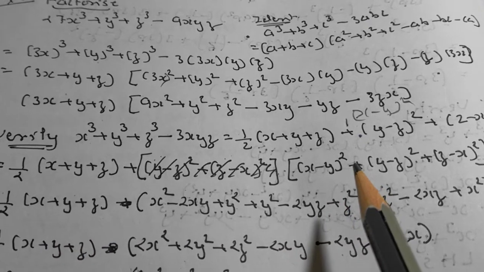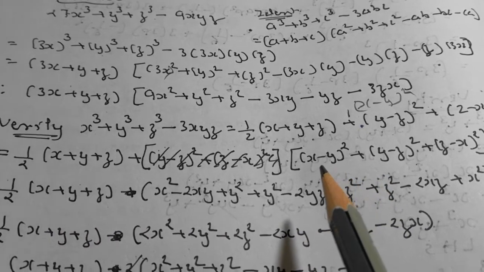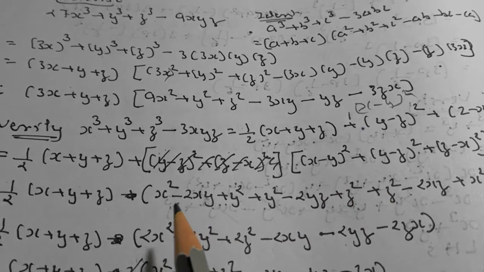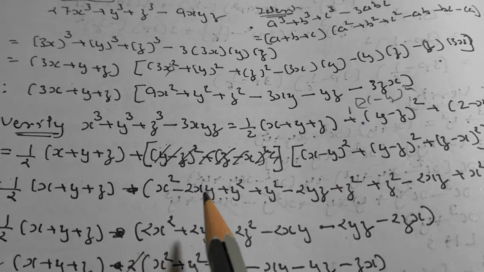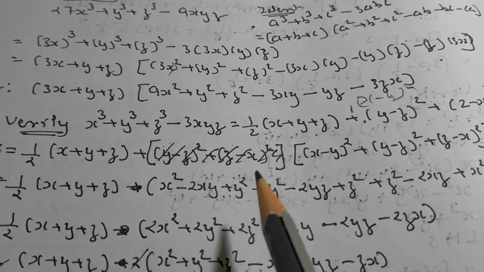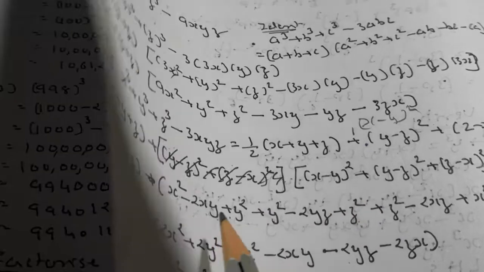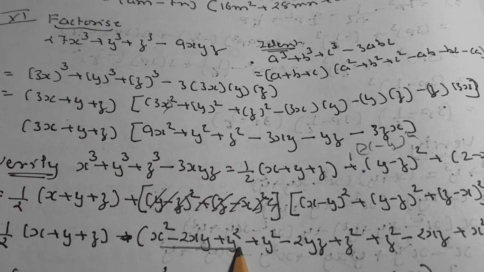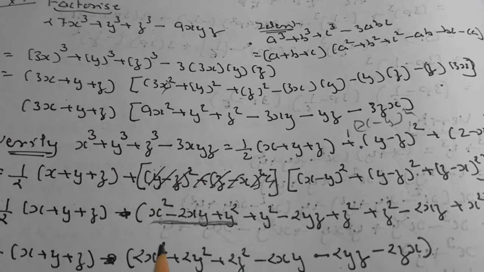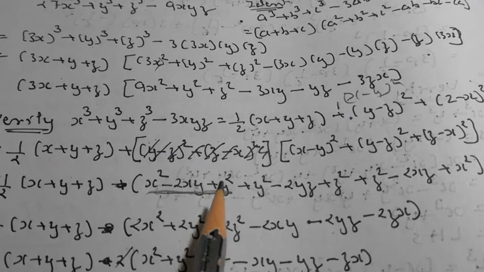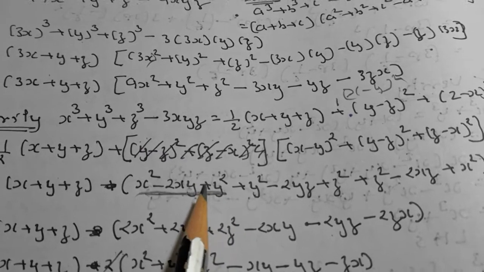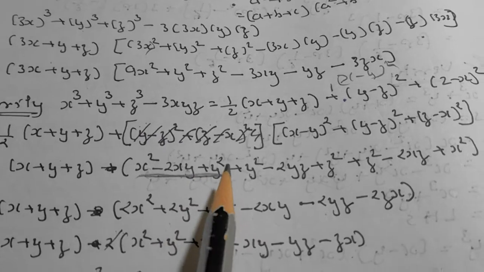So for (x minus y) whole square, you are going to use the identity (a minus b) whole square, that is first term square minus 2 into first term into second term plus second term square. I have normally expanded this number: x square minus 2xy plus y square.